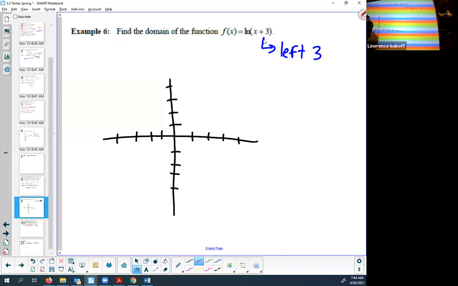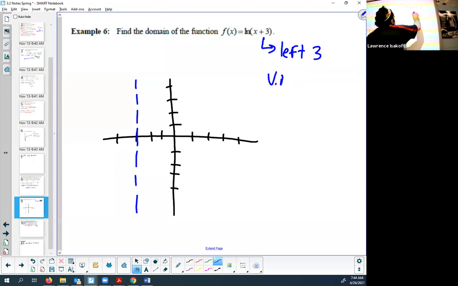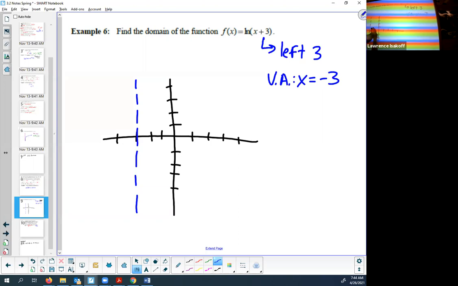So if I'm going left 3, that gives me a vertical asymptote at x equals -3. And I'll also get an x-intercept here at -2, 0.